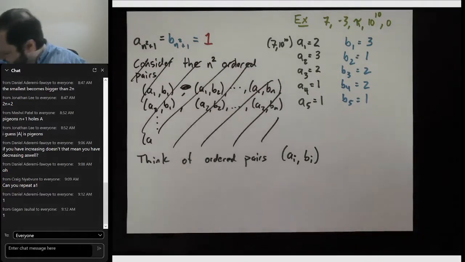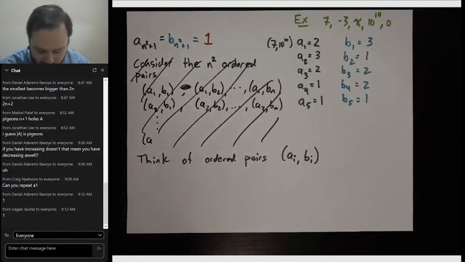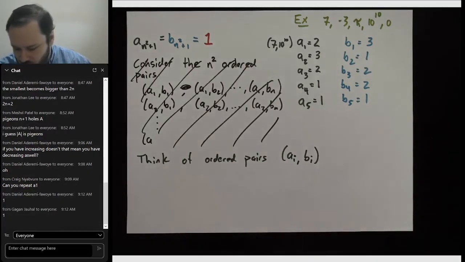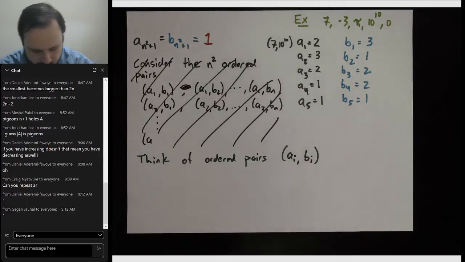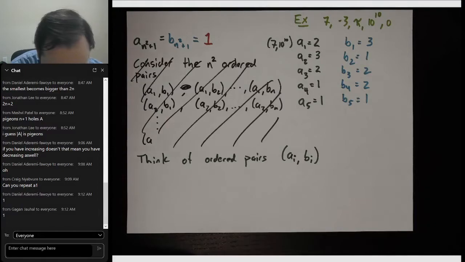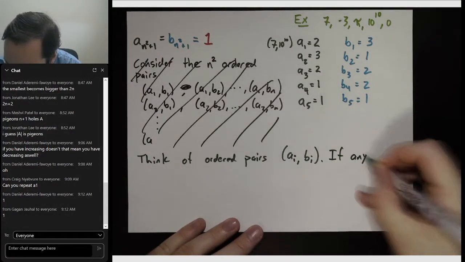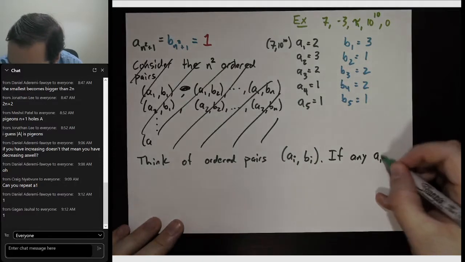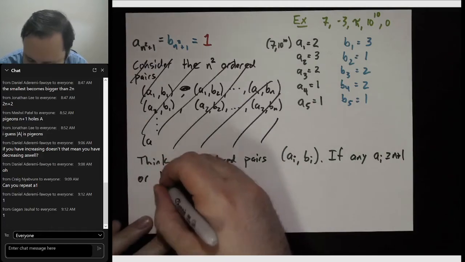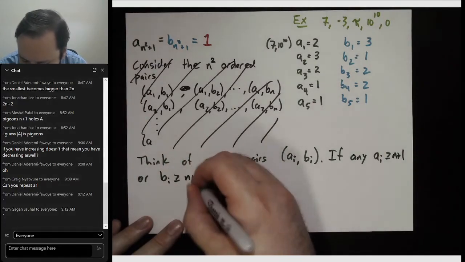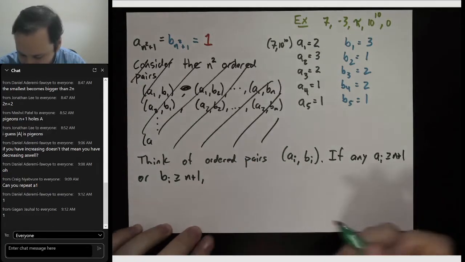Okay. If any of my values are at least n plus 1, then I'm done. So if any a sub i is greater than or equal to n plus 1, or b sub i is greater than or equal to n plus 1, then I'm done.